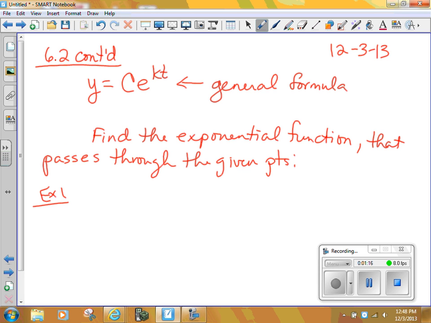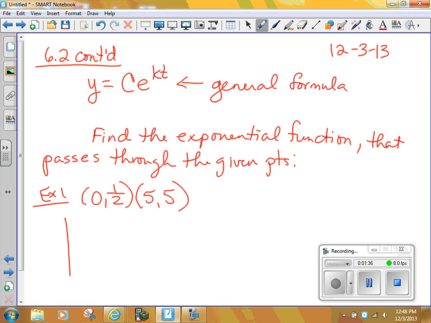Your first example, pretty easy. This problem might look a lot like another problem you may have to do for homework tonight. We're going to find the exponential function that passes through (0, 1/2) and (5, 5).